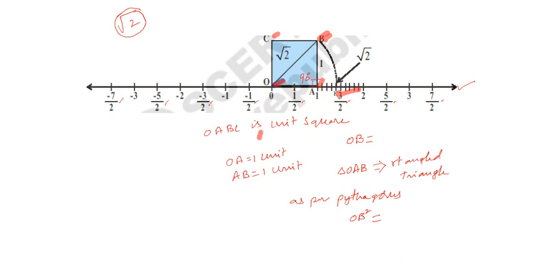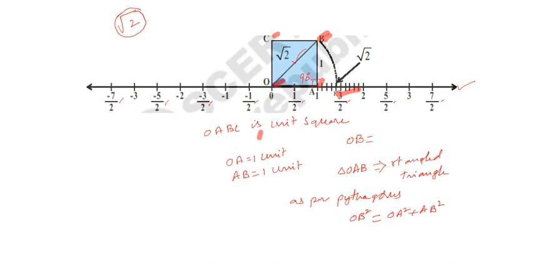That means OA square plus AB square. Here the hypotenuse is OB. The side which is opposite to 90 degrees is called the hypotenuse. This OB is called the hypotenuse.